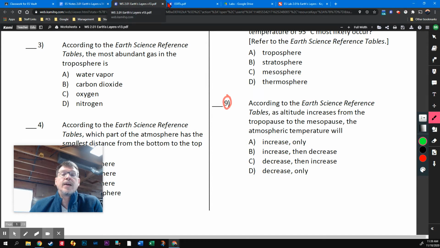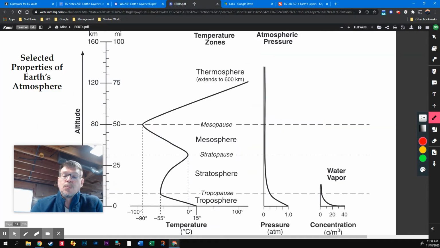I need to read that carefully because there is the troposphere and then there's the tropopause. So it's asking us what happens when we go from here at the tropopause to not the mesosphere, but the mesopause. So this point right here. So if I follow along, my graph line goes up to the right. And if I look at the temperature here, as altitude increases going from the tropopause up through the stratosphere, the temperature is going to increase.